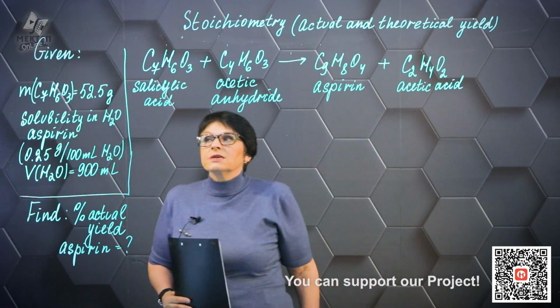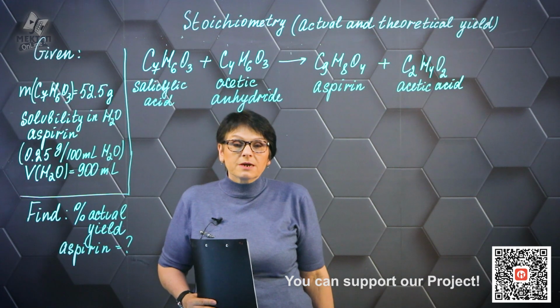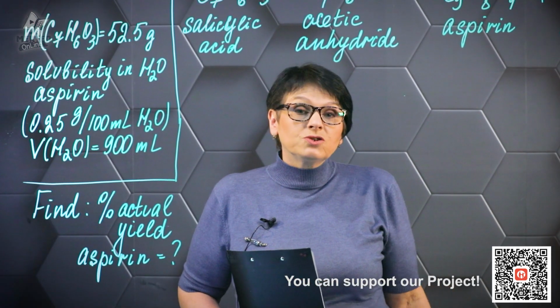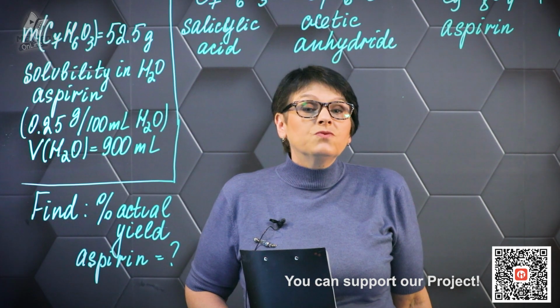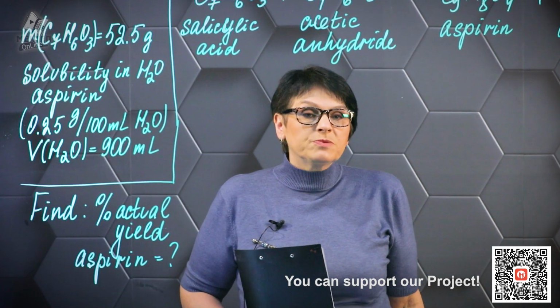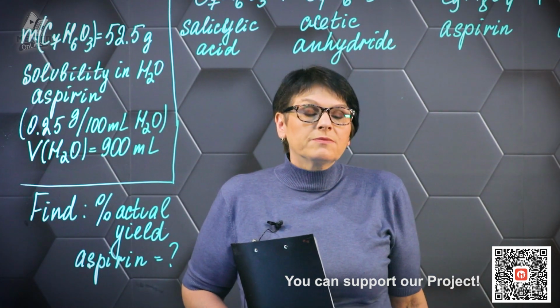According to the condition of the problem, 52.5 grams of salicylic acid is taken, and in the course of the reaction, some of the aspirin that results will be lost because aspirin is leached out by water, i.e., during its extraction from this process.